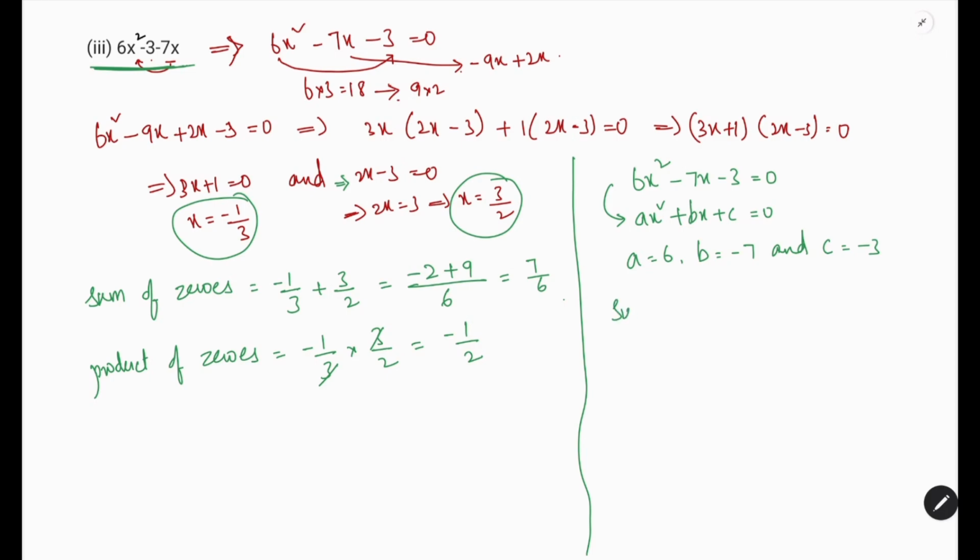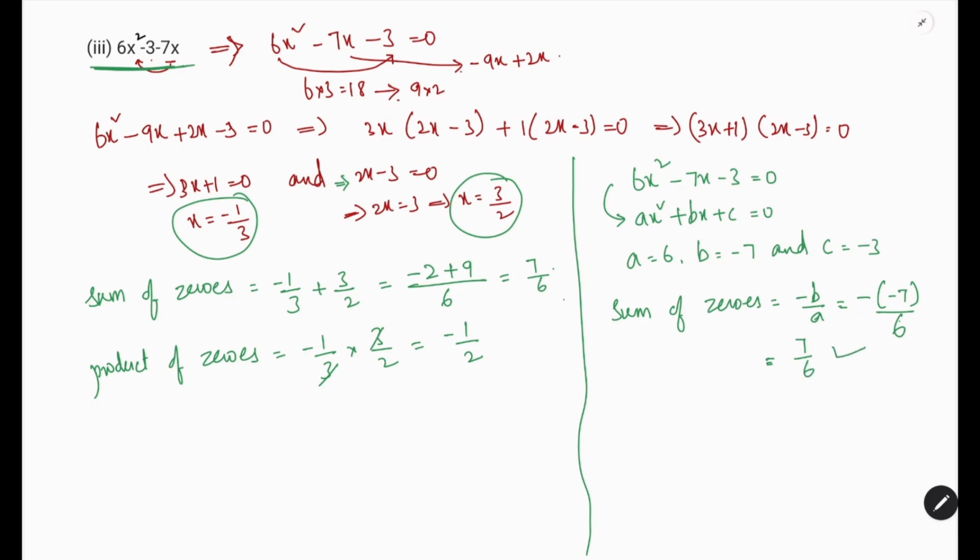Sum of zeros, using the formula minus b by a: b is minus 7, minus of minus 7 by a is 6, equal to 7 by 6.